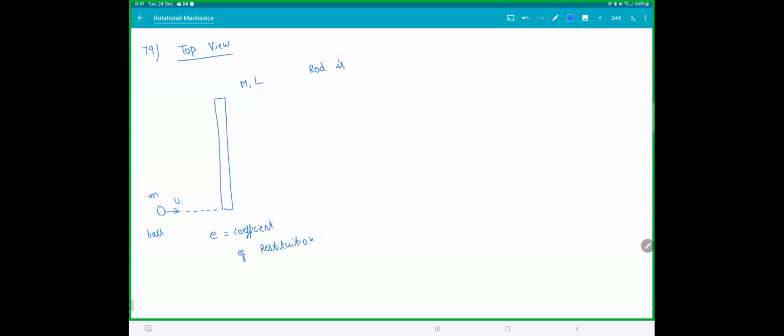This is the top view. Find the velocity of the rod, omega of the rod, velocity of the ball after collision. I can also ask you, find the point on the rod whose velocity is 0 just after collision, basically the IAR.